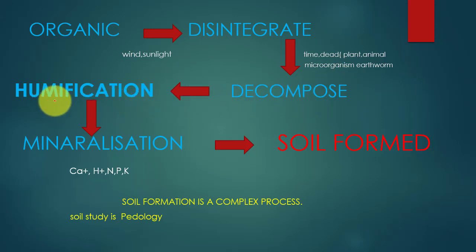Later they form humification, which is humus, and this will become moisture content. Then humification goes to mineralization, and then soil forms. Yes, sir, ma'am, soil formation is a really complex process.